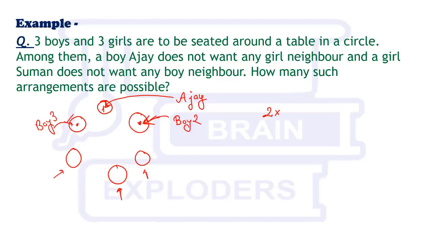Only on this place, because if Suman is on this place, there will be a boy neighbor, and if Suman is on this place, there will be a boy neighbor. So only this is the possible place, which means only one choice we have for Suman. Now similarly we have 2 choices for the remaining girls, multiplied by 2, so in total we can do it in 4 ways.